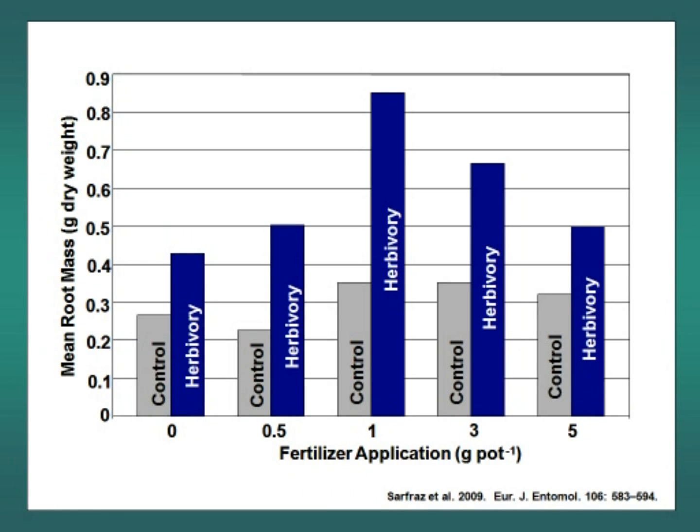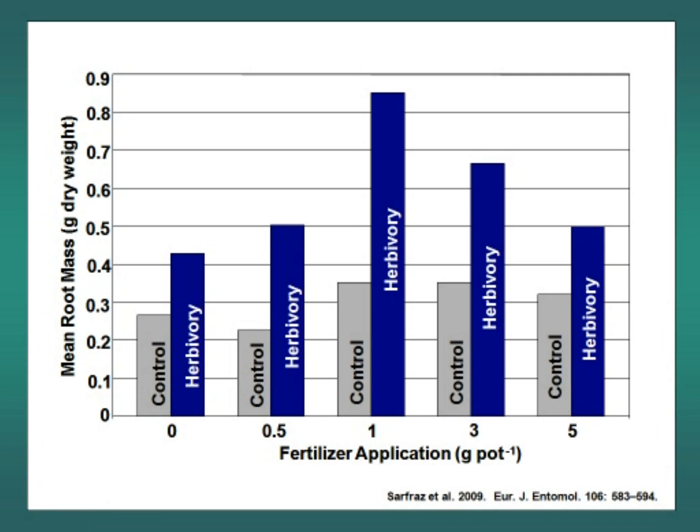This is again derived from the same student in our lab who looked at fertility levels in, again, potted plants in a growth chamber that ranged from 0 fertility added to the recommended rate to way above the recommended rate. And what he was measuring here was the mean root mass.